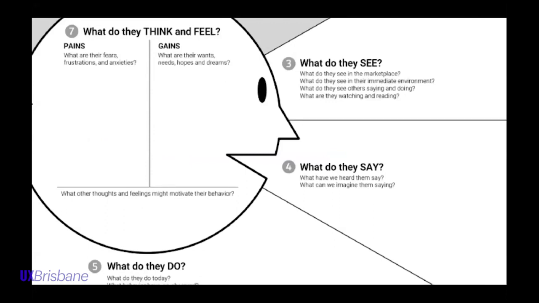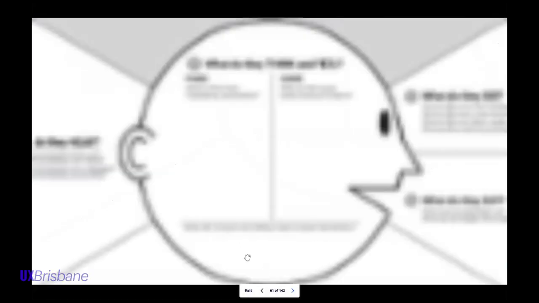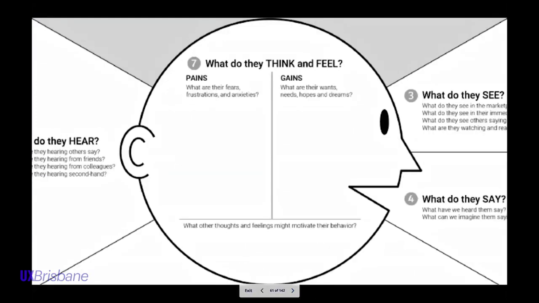What do they actually do, apart from what they need to do? And what are their pains and gains? This is probably, from my perspective, the most important part of the empathy map.